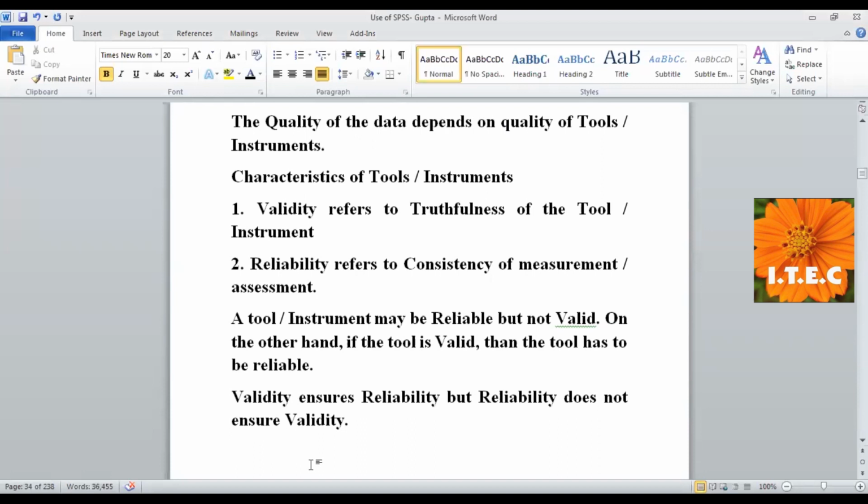The question one of the participants has asked, I was going to ask you the same thing: because validity ensures reliability, then why are there methods of establishing reliability?